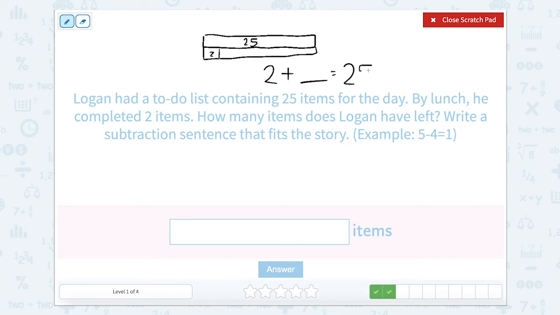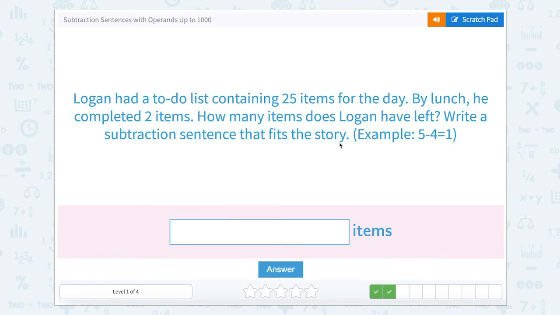But since it's asking us to write it as a subtraction sentence, we could write it as 25 minus 2 equals something. So 25 minus 2, if I have 5 ones and I take away 2 ones, then I'm going to have 3 ones left and I still have 2 tens, so 23. So 25 minus 2 equals 23.